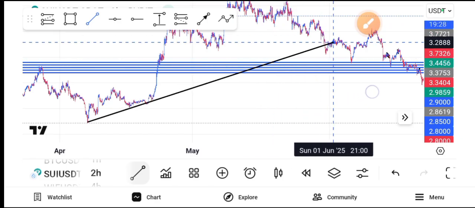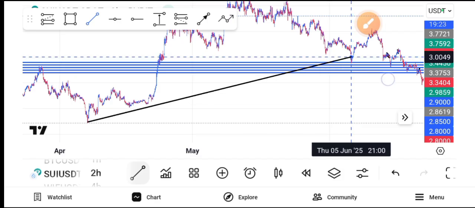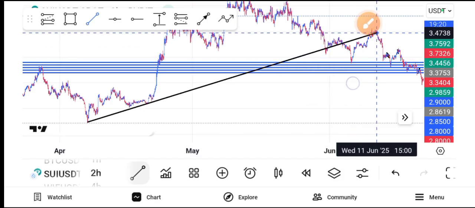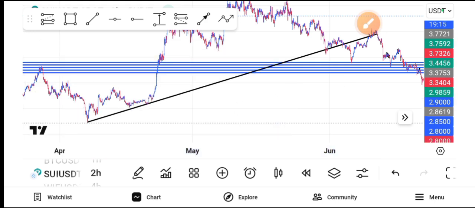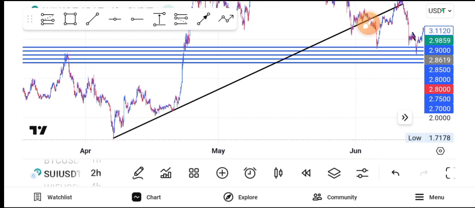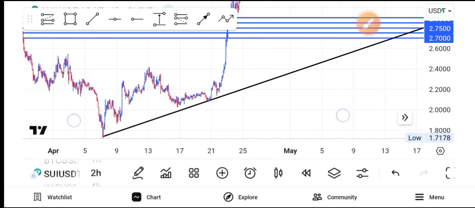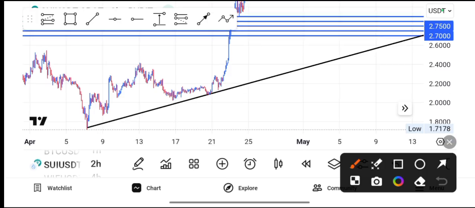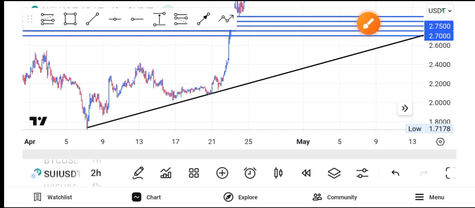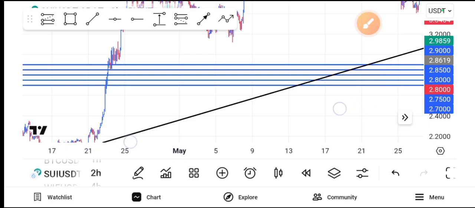And see where it can. Okay, so let me check the movement. All right, now let me show you guys something. Now this place served as a support to the price movement. Here is the support, here is the support, and here I want to show you resistance with the same trend line.